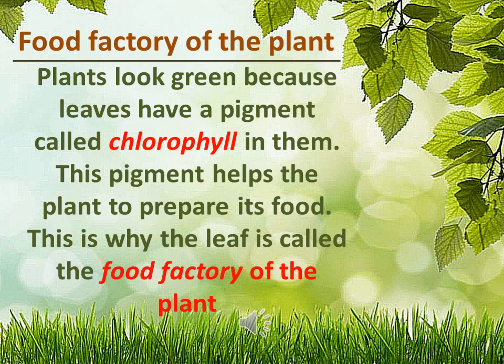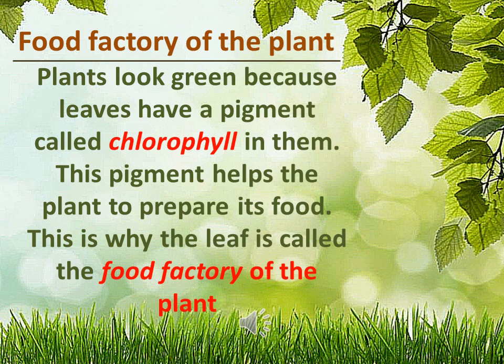So today we will discuss this part, that leaves prepare food for the plant. They are also called the food factory of the plant or the kitchen of the plant. Plants look green because the leaves have a pigment called chlorophyll in them, and this pigment helps the plant to prepare its food.